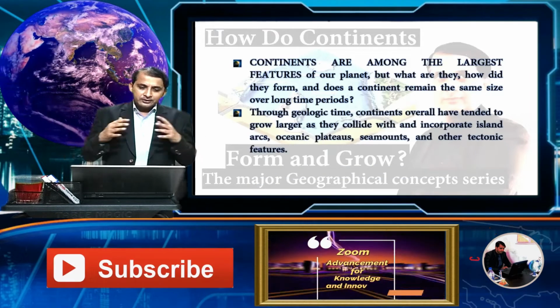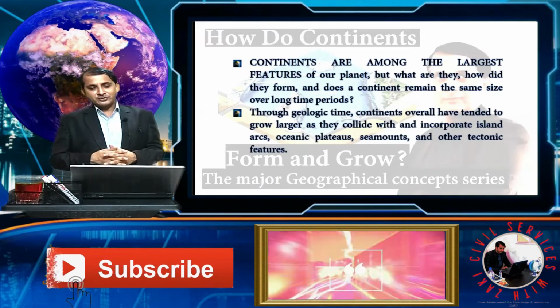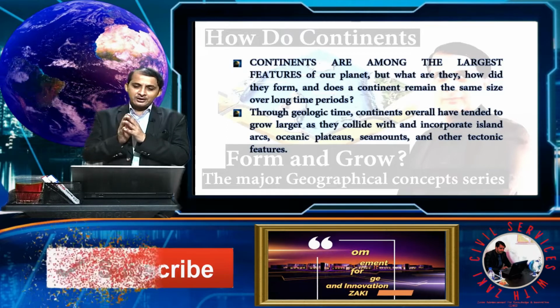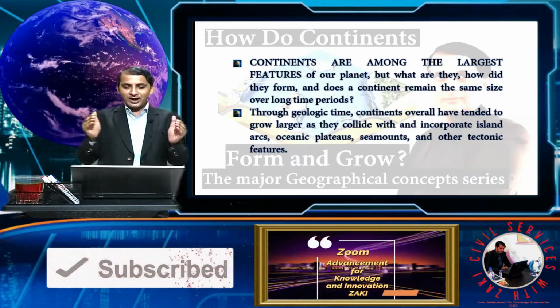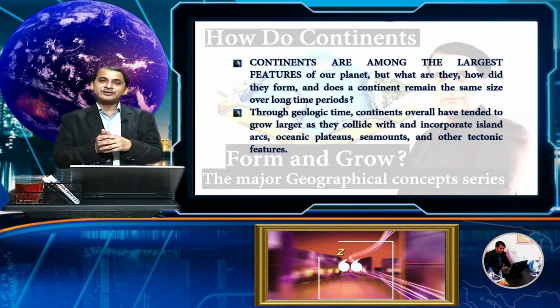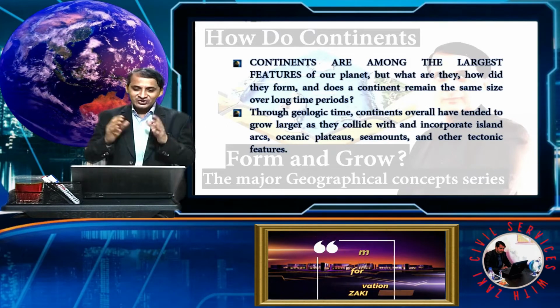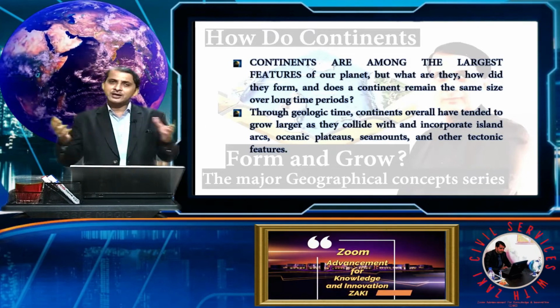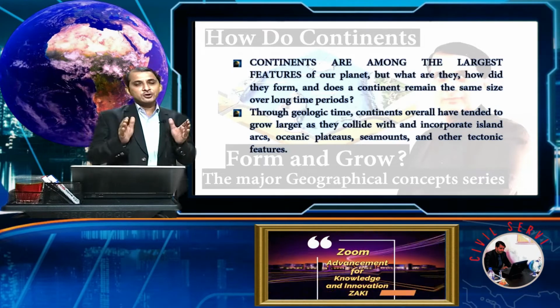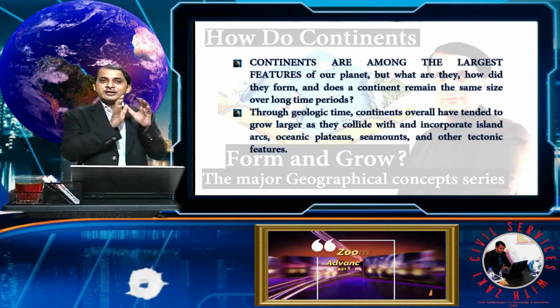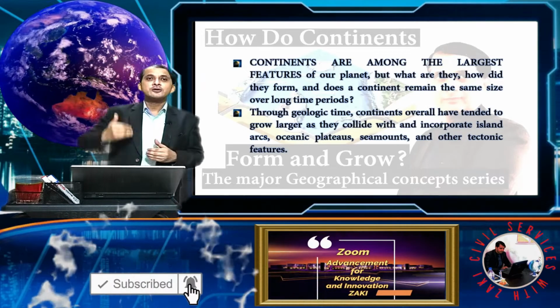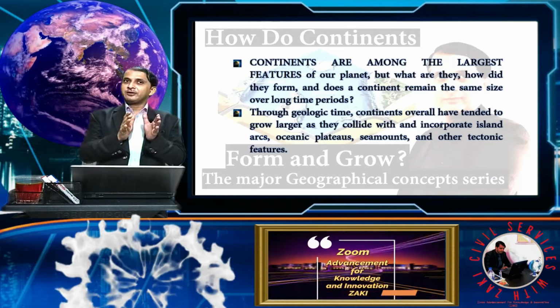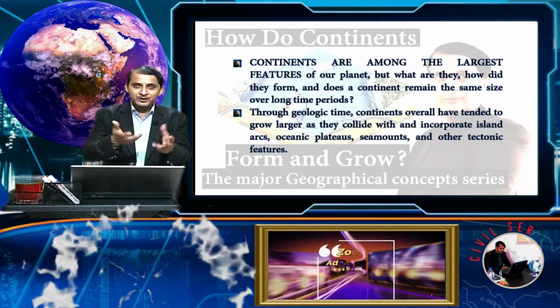Through geological time, continents overall tend to grow larger as they collide with and incorporate island arcs, oceanic plateaus, seamounts, and other tectonic features. Finally, these continents grow larger and become a supercontinent.